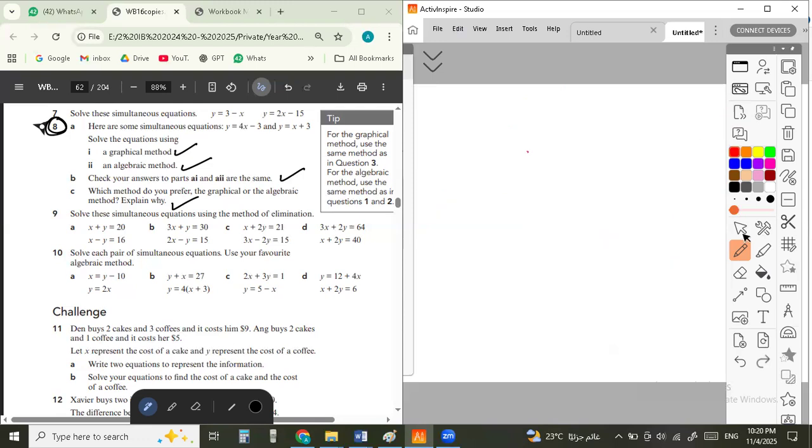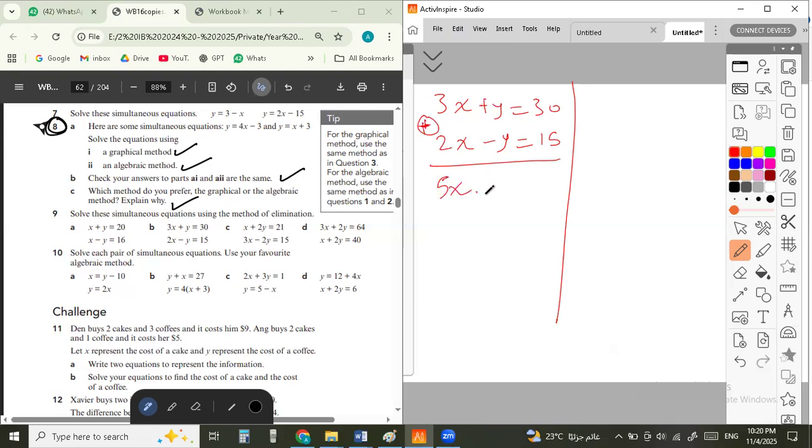Next question. Here, this gives you 3x plus y equals 30, and the other one is 2x minus y equals 15. I'm going to add. Addition is what will help me eliminate. 3x plus 2x is 5x. y plus negative y is bye-bye, equals 30 plus 15 is 45.